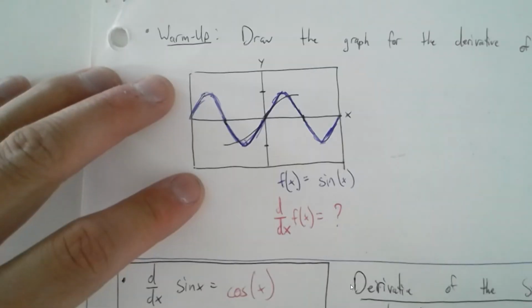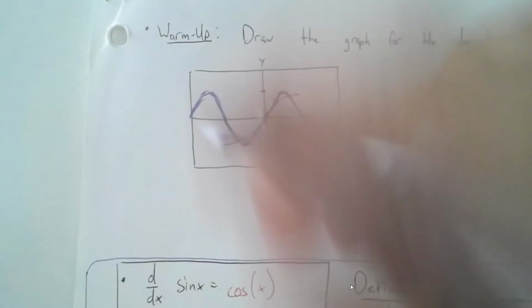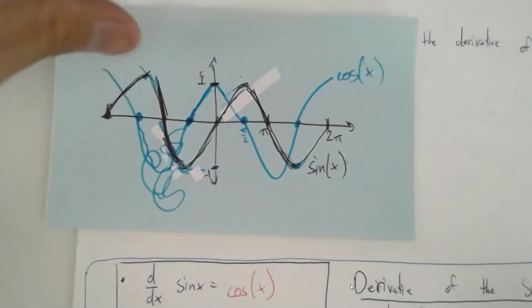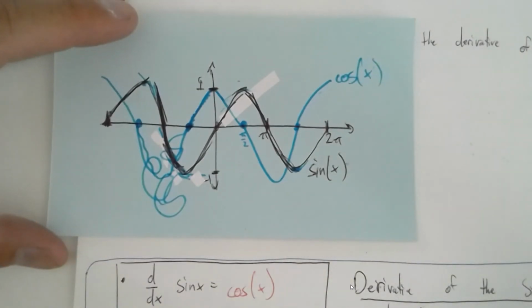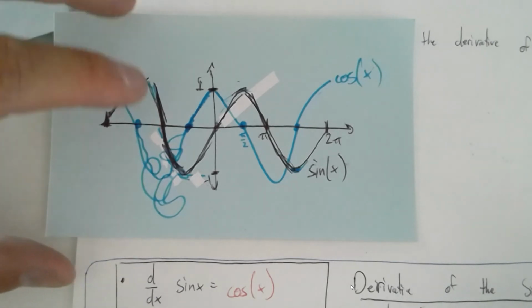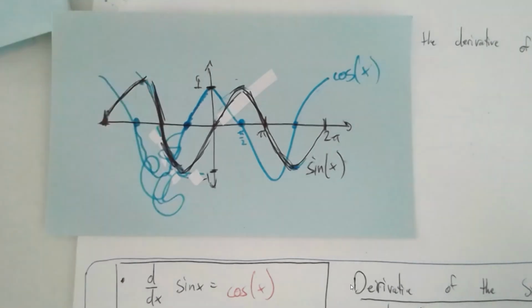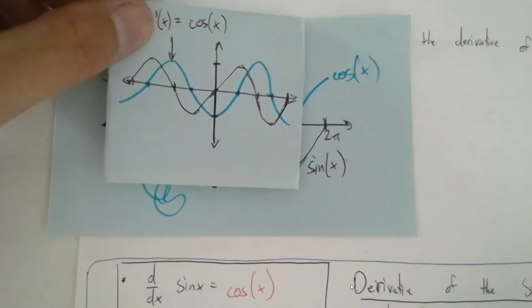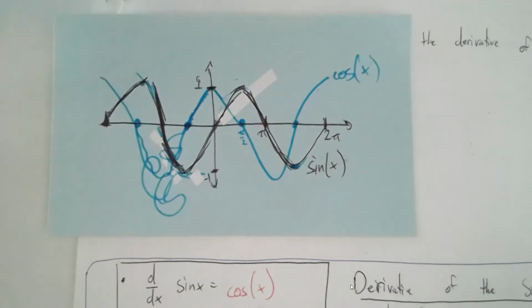So here, let's see. All right, so let's go back. Oh, there it is. I think this one was incorrect. Do you see that? This one is correct. That's why I showed you.